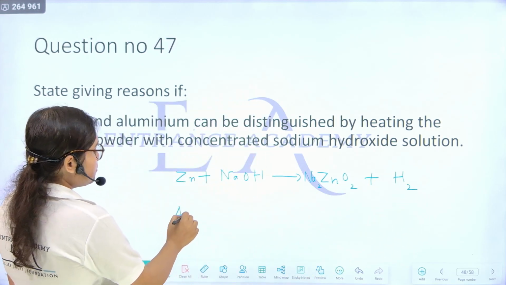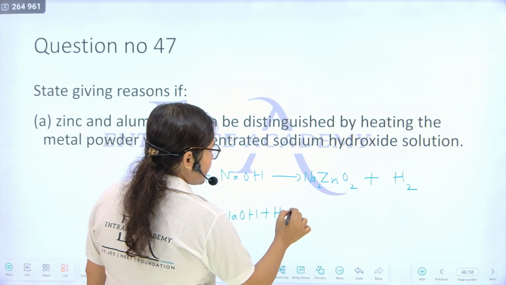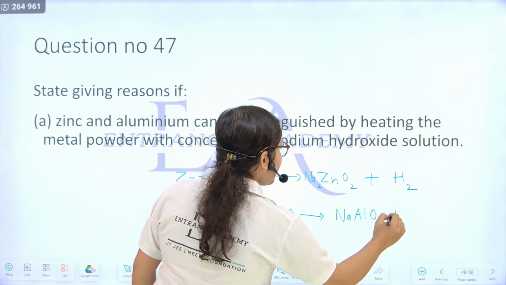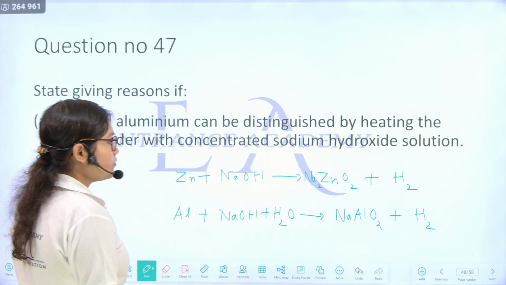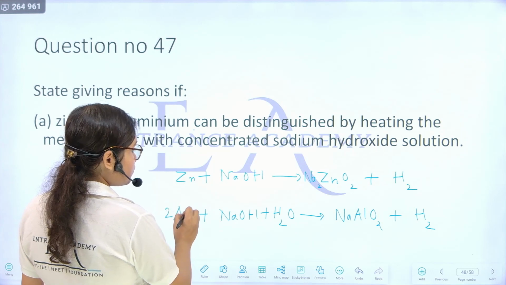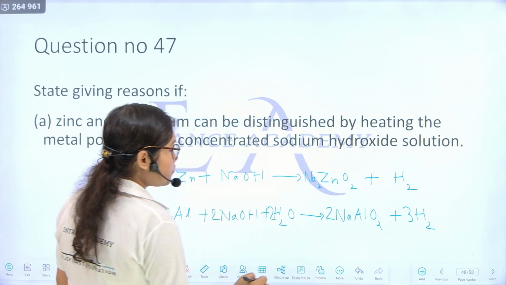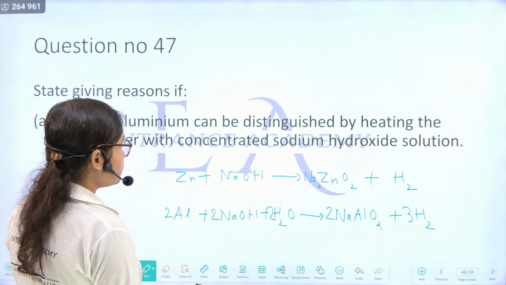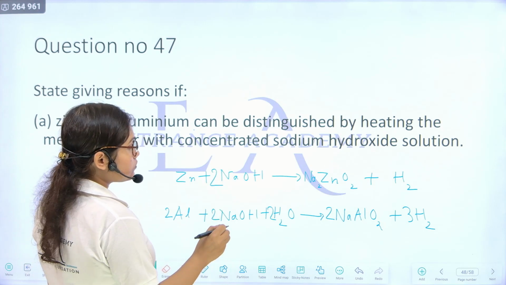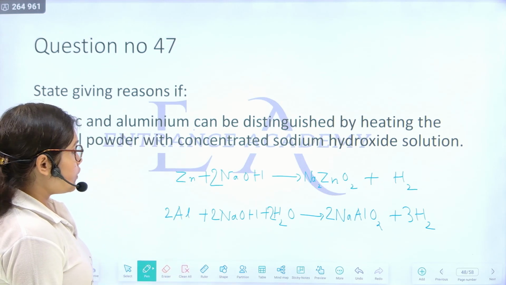Aluminium with sodium hydroxide solution and water gives sodium aluminate plus hydrogen. You have to balance this equation first.